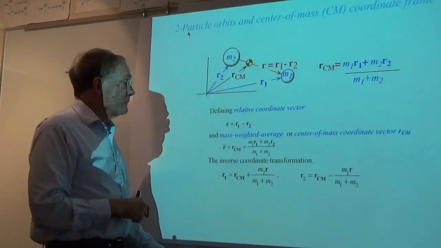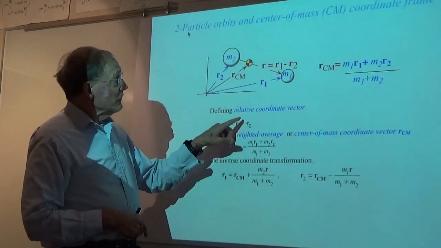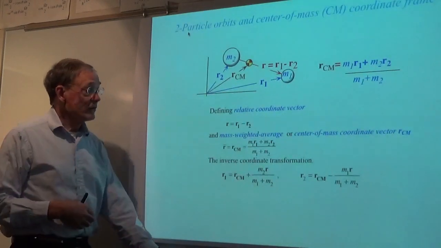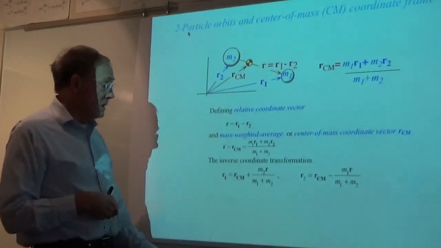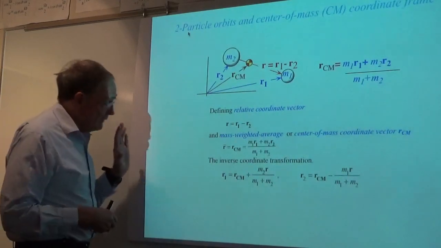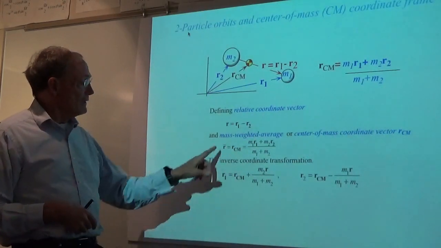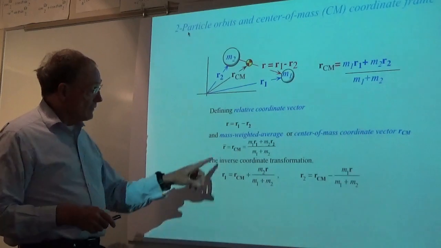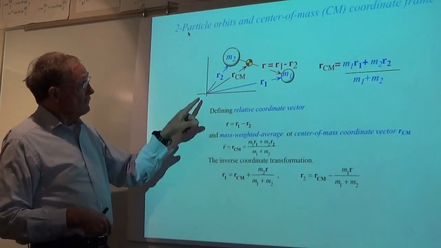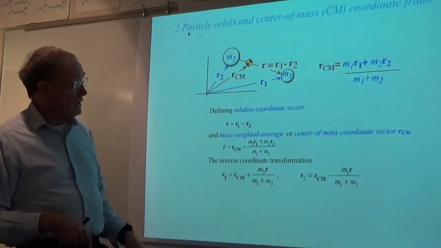The basic idea of having a relative coordinate, r1 minus r2, is key to the standard approach to two-particle behavior. The center of mass this time is this coordinate right here. And you can invert these two equations to get the equations for each of the individual particles that we're used to working with, r1 and r2.